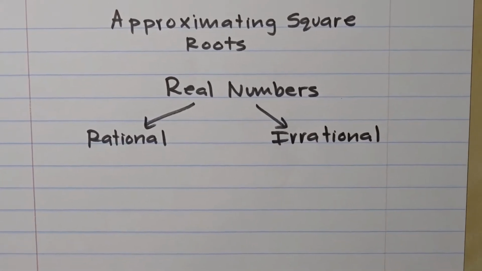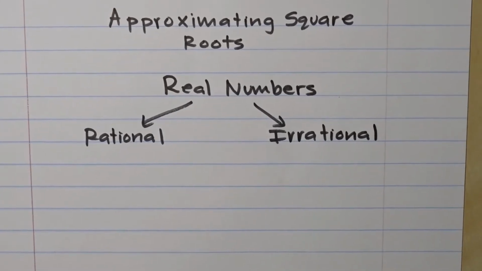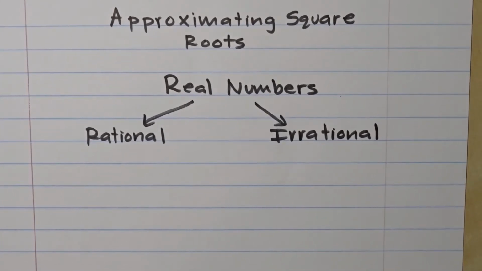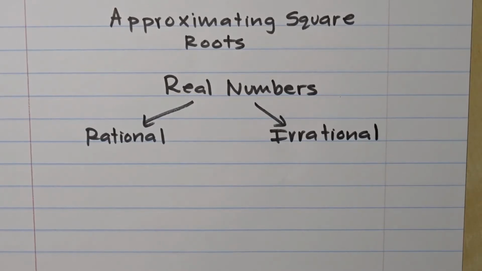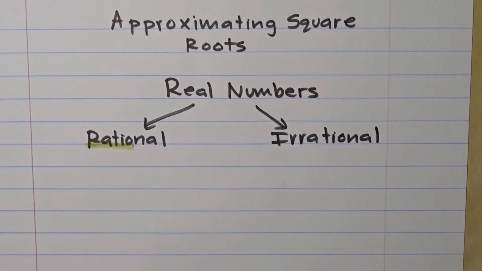Now, giving you the definition of these two might not do justice unless I actually explain to you what they are and their characteristics. So, rational numbers are any number that can be written as a fraction. If you notice, the word rational has the word ratio in there. And remember, a ratio is a fraction.